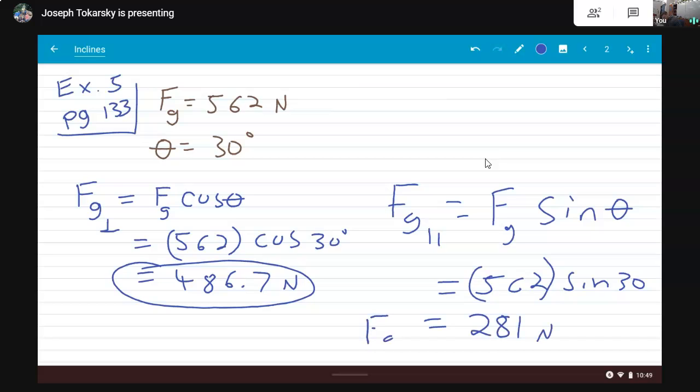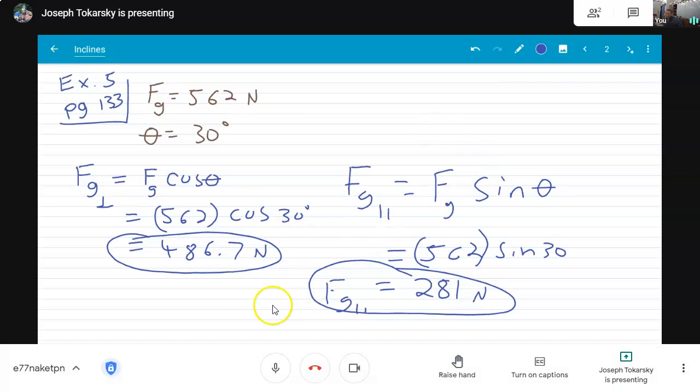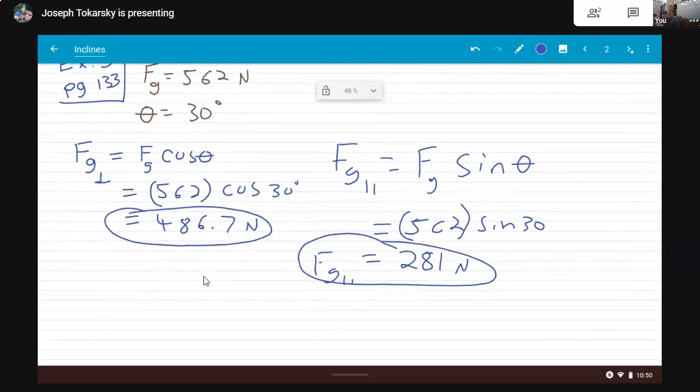This is the amount of weight that is parallel down the incline, or in other words, 281 newtons of the overall weight is trying to pull you down. 486.7 is pushing you in. And although it didn't ask, I still want to point it out. If this is how much is pushing you into the incline, the perpendicular component, that is what the normal force of the incline is also pushing back on you with.